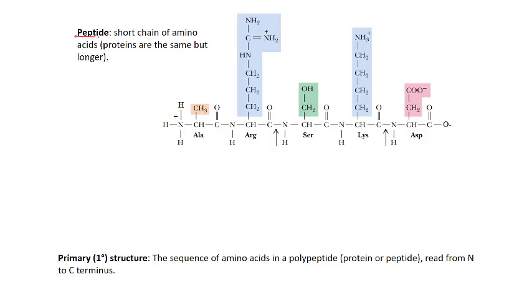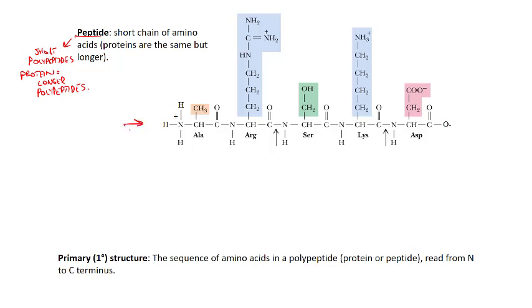We said that peptides are short polypeptides with a few amino acids in them, and proteins is the term reserved for the longer polypeptides. We use this molecule shown here as an example of what a polypeptide molecule looks like.